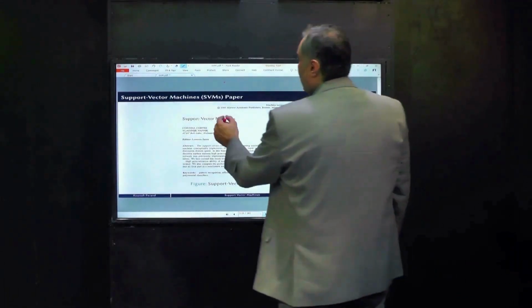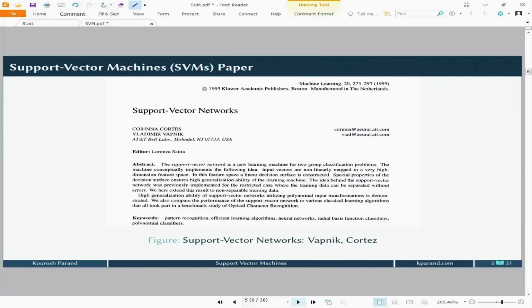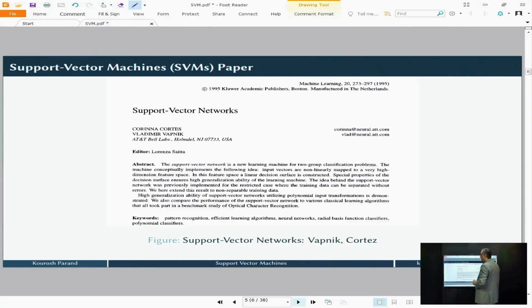It's about support vector networks, which is the work of Ms. Cortes and Mr. Vapnik. We've mentioned Vapnik in previous sessions. I've also referred to him before as the father and the originator of support vector networks.